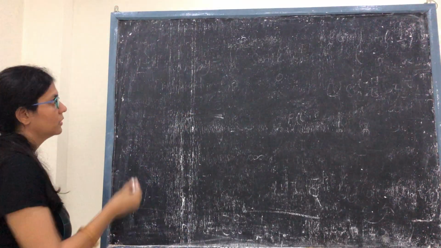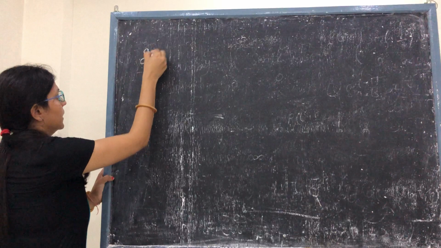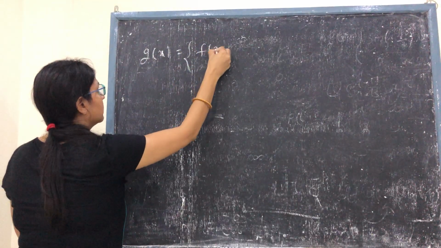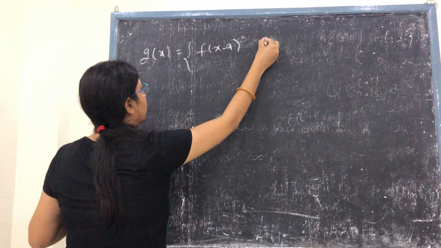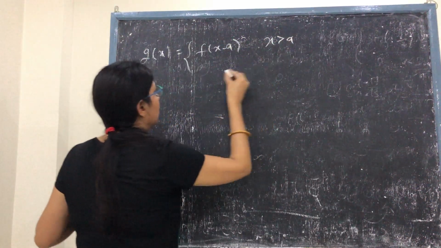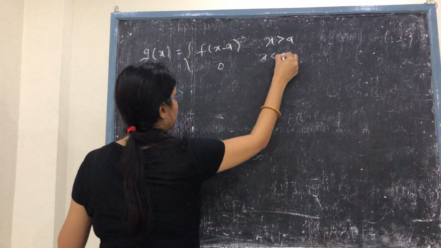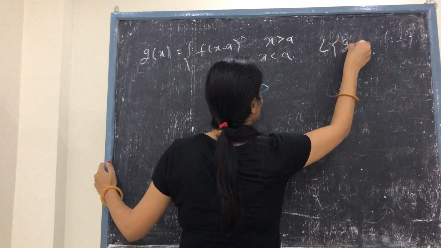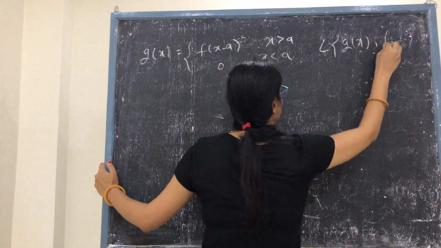Second shifting property: if g of x is the function f of x minus a when x is greater than a, and 0 when x is less than a, we have to find the Laplace transformation of g of x.